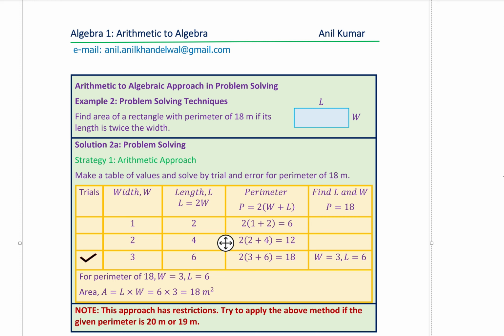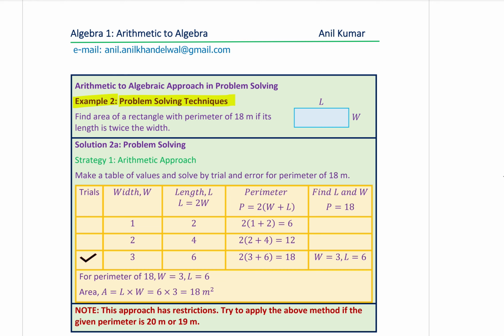Clear? Let's take up a concrete example to find out what length and width could be. Here is an example for you. I'd like one of you to read this. It is based on problem solving techniques which we are going to explore, and in this particular example itself, we will see four different ways of answering this. The question here is: find the area of a rectangle with a perimeter of 18 meters if its length is twice the width.